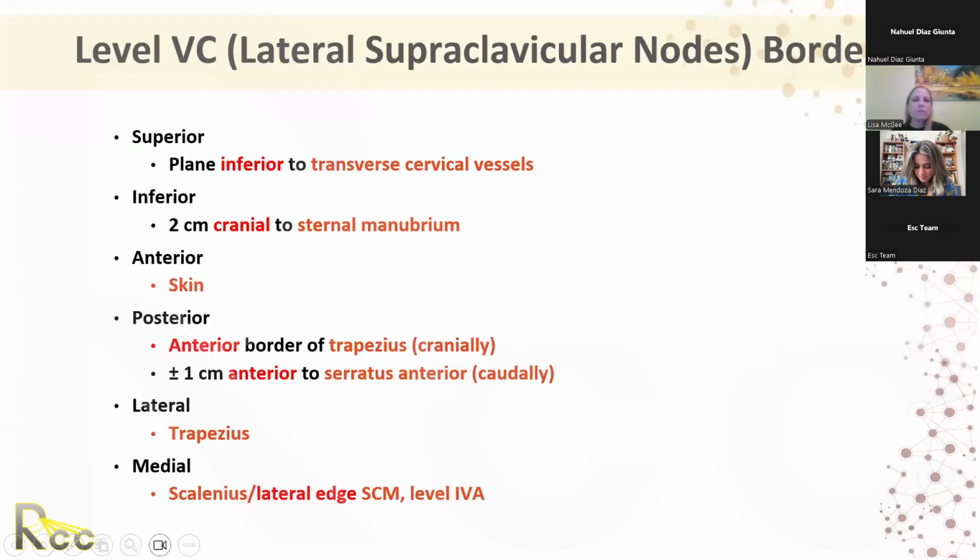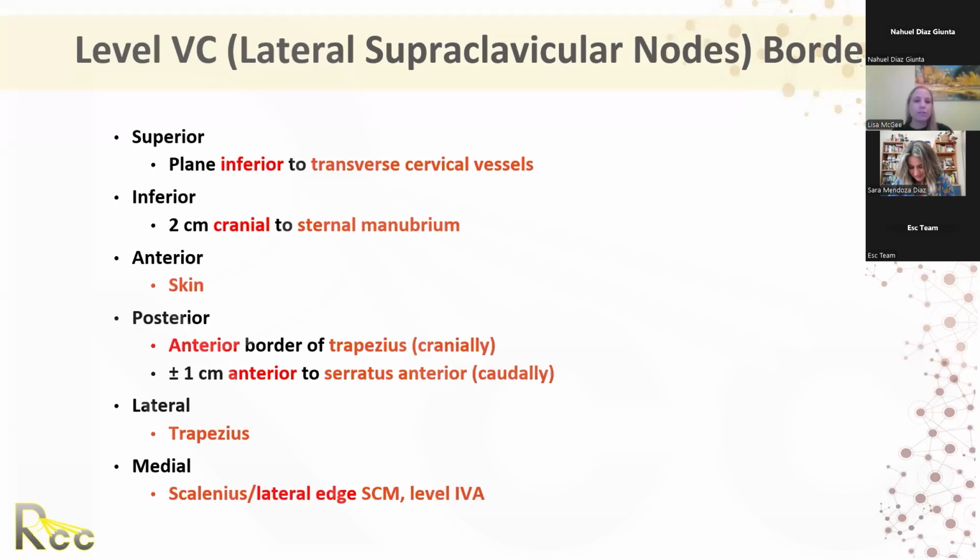Last, we'll get into level 5C. Level 5A and 5B are considered to be the posterior triangle. Level 5C is considered to be the lateral supraclavicular node. Their borders are defined superiorly by the plane inferior to the transverse cervical vessels. Inferiorly, they stop 2 centimeters cranial to the sternal manubrium, so this is also the anatomical division between 4A and 4B.